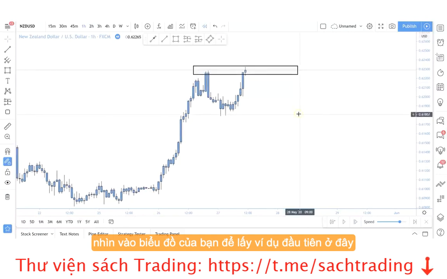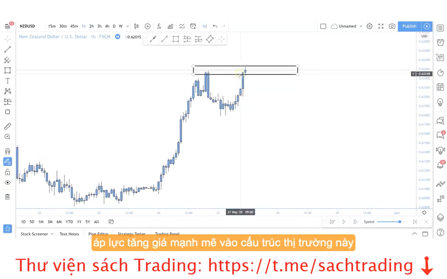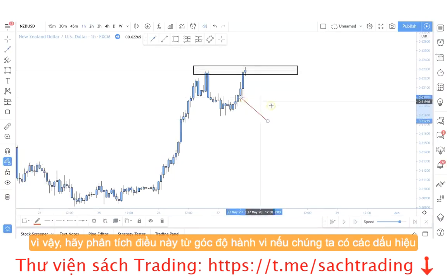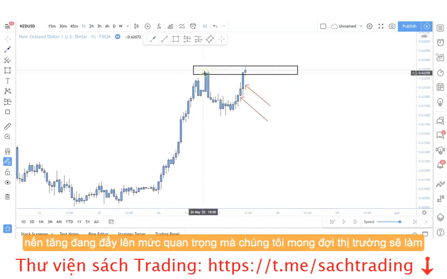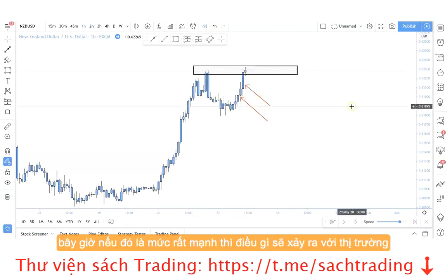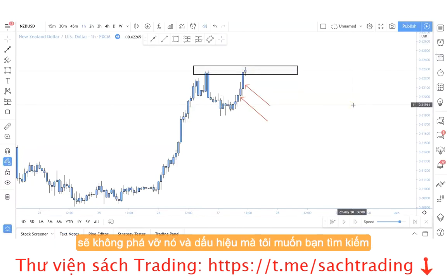So the first example here is strong bullish pressure into this market structure. So let's analyze this from a behavioral perspective. If we have strong signs of bullish candles pushing into a key level, what are we expecting the market to do? Well, we're expecting the market to break this level. Now, if it's a very strong level, then what's going to happen? The market's not going to break it.